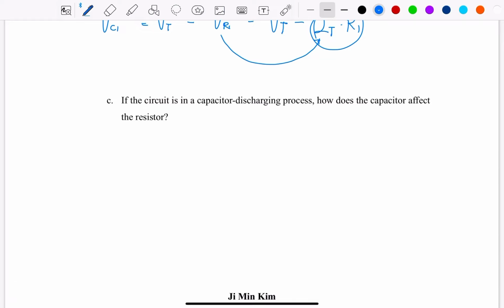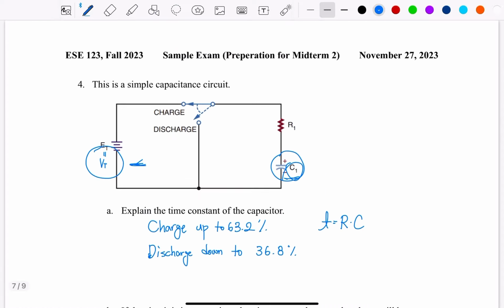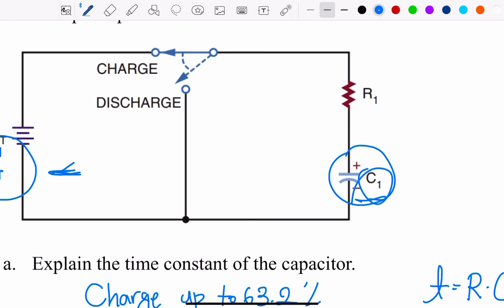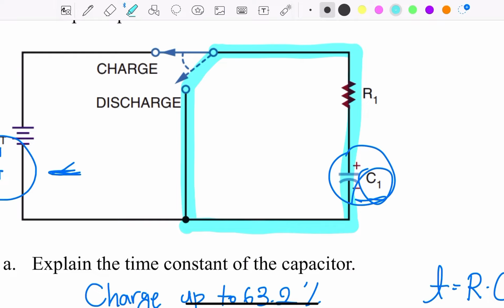If the circuit is in a capacitor discharging process, how does the capacitor affect the resistor? In the discharging process, the circuit would look like this, right?